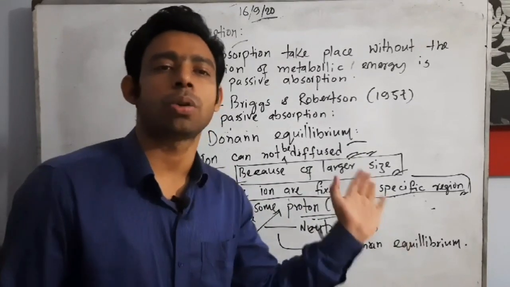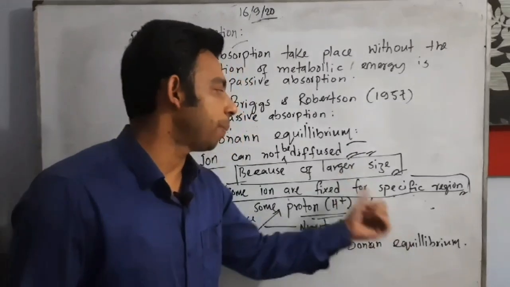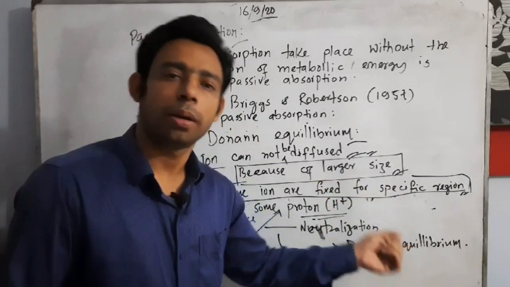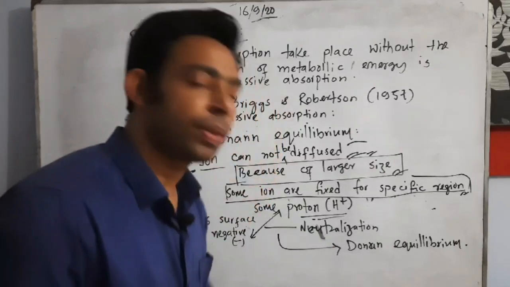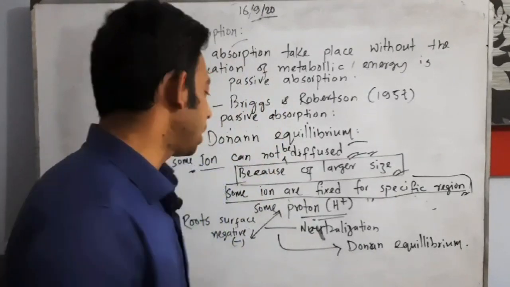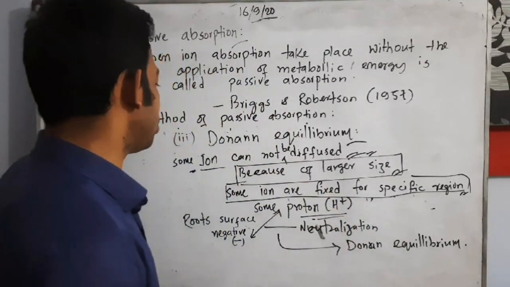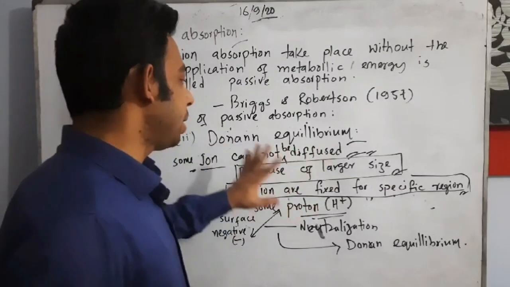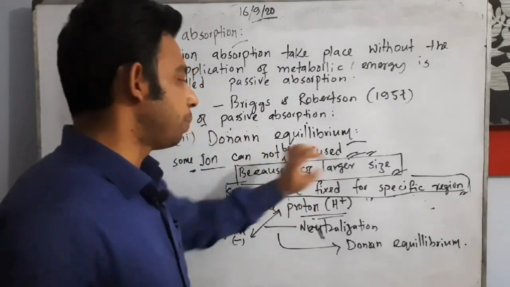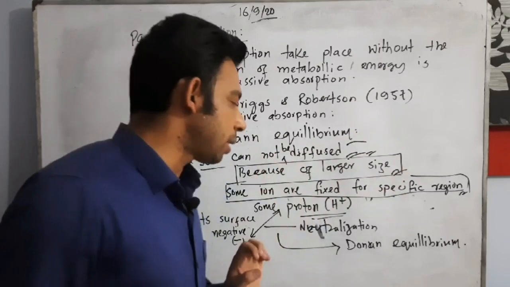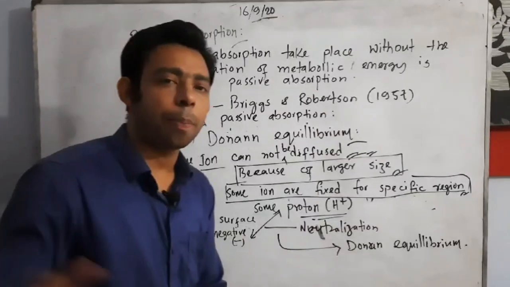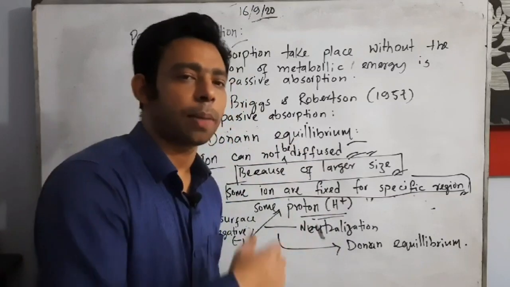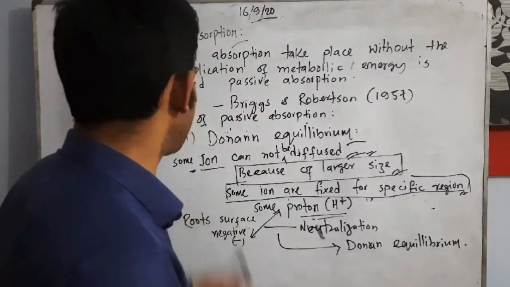This equilibrium is called the Donnan equilibrium, given by the scientist Donnan, and by his name the state is known as the Donnan equilibrium state. So listen to me, I think you understand. Some ions are not diffused because of larger size, some are fixed ions, but the main purpose is to neutralize. All the time the positive charge will be supplied up to the equilibrium state. This is the Donnan equilibrium.